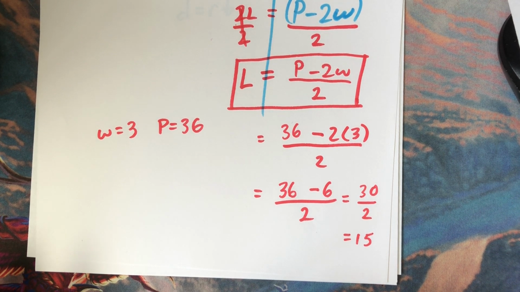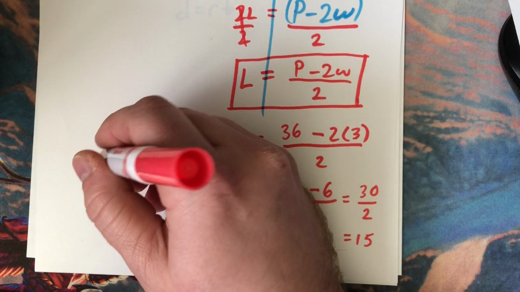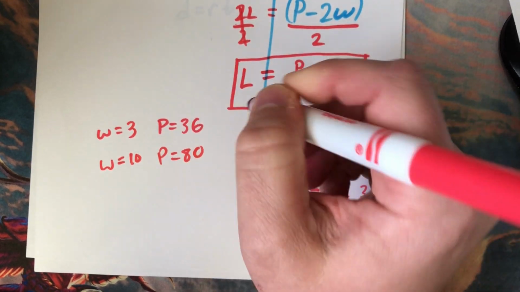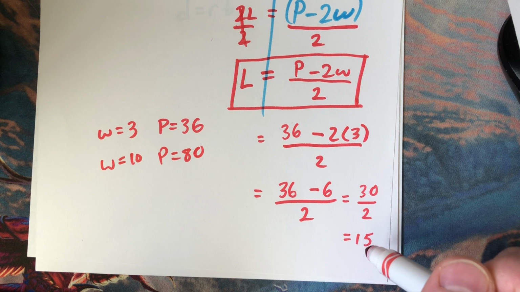And you might be like, yeah, but that was awful. Here's the thing. Let's say I needed to use this over and over again, and I kept on knowing W's and P's. Okay, W is 3, P is 36. Let's say W equals 10, P equals 80. Well, then I just plug those two numbers in. Boom, boom, done.